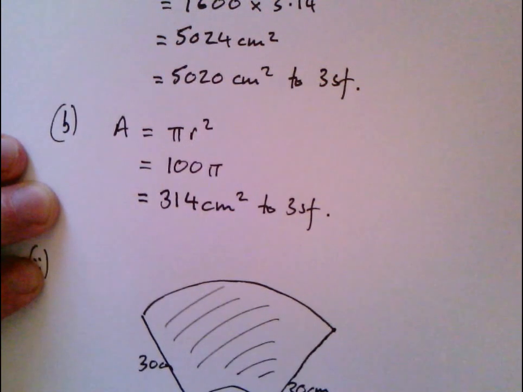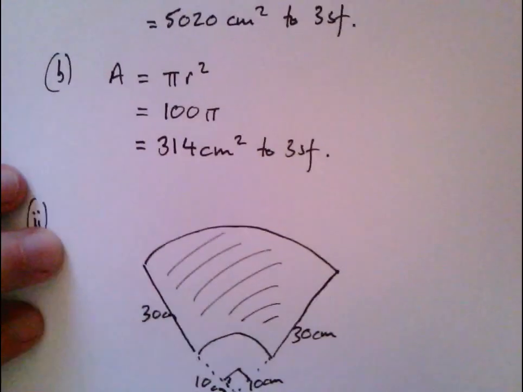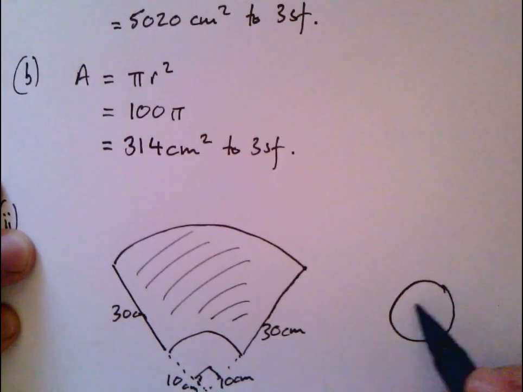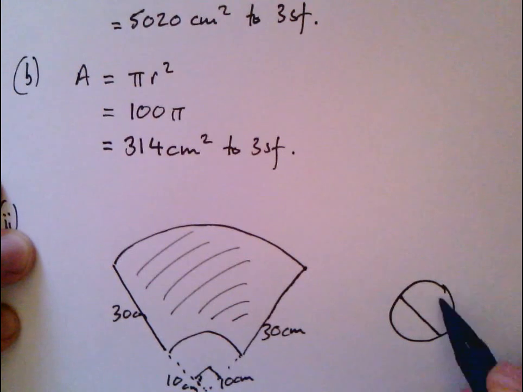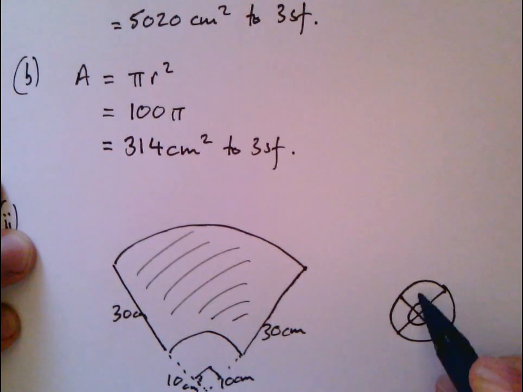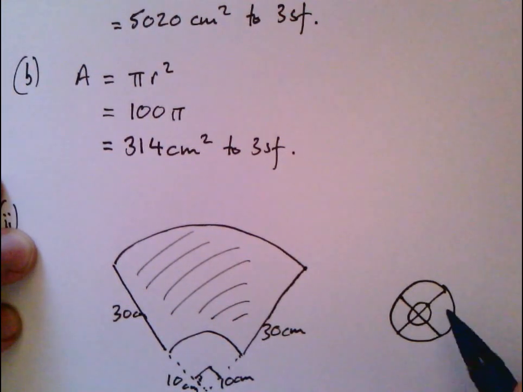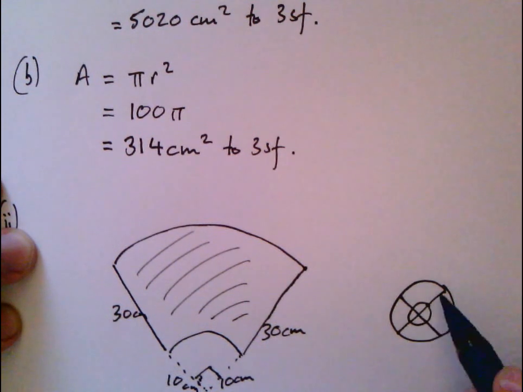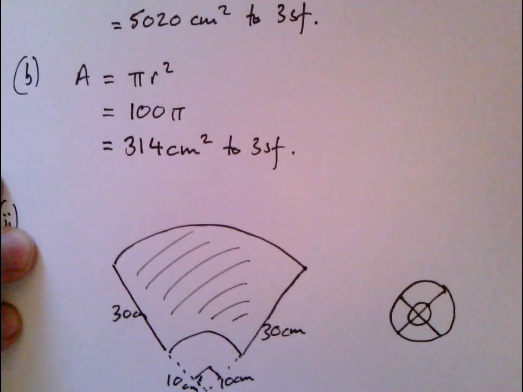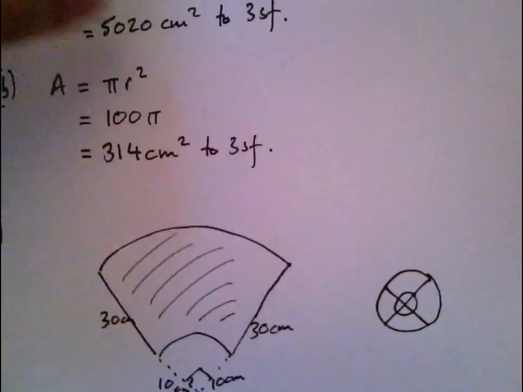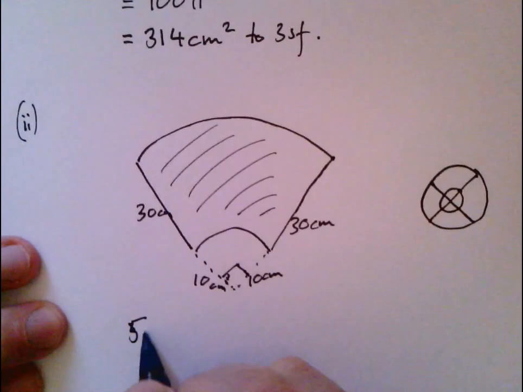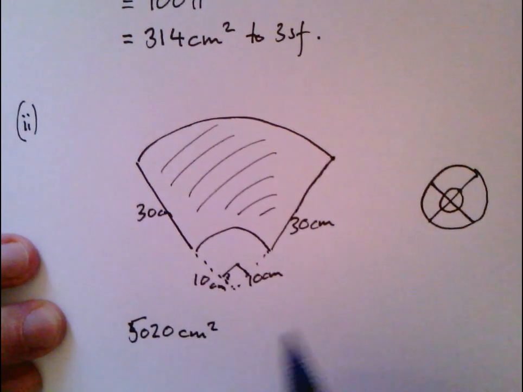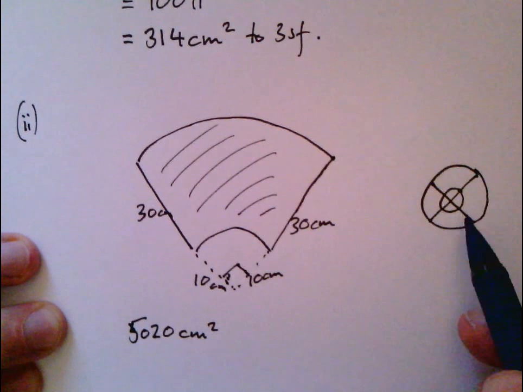And what we can do is say, well, essentially what we're looking at is a quarter of 2 circles. So if we work out the first one, first answer we had is, excuse me while I move the paper, 5020 centimeters squared. That gives us the area of the whole.